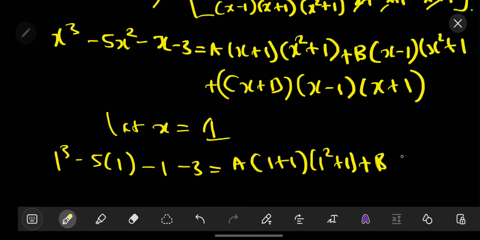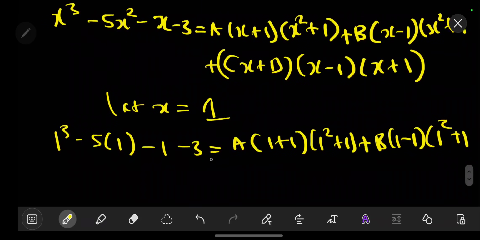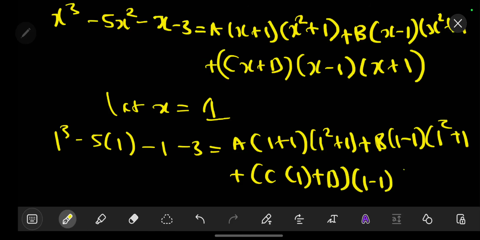Then we have plus b, we have 1 minus 1, then 1 squared plus 1 there. Then we have plus c times 1 plus d, then 1 minus 1, then 1 plus 1, like that.